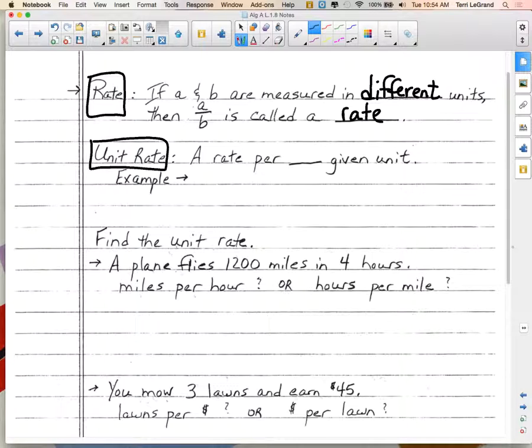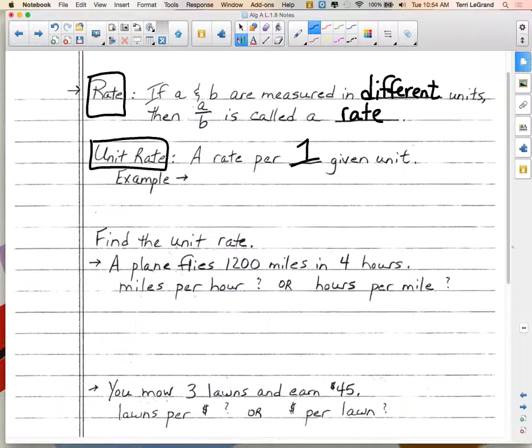Is that typically how you would say it? How would you typically say it? $8 for every 1 hour that I work. Yeah, $8 per hour. So when we talk about rates, we typically talk about them as unit rates per one given unit. We don't say $40 for 5 hours of work. We say $8 for 1 hour of work.